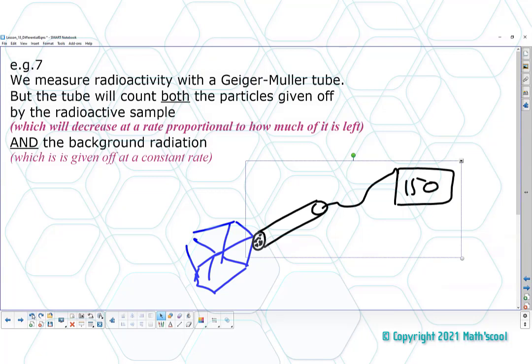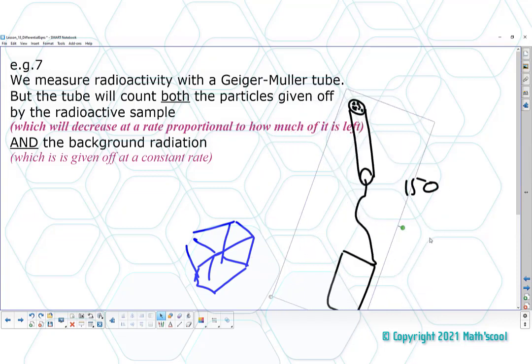So if you take it away from there, you're going to get a count of 10. So if you're now working out in your brain how much of the count is actually coming from our uranium sample: when I take it away from the uranium sample, point it completely miles away from it, it still gives me a count of 10, background radiation.